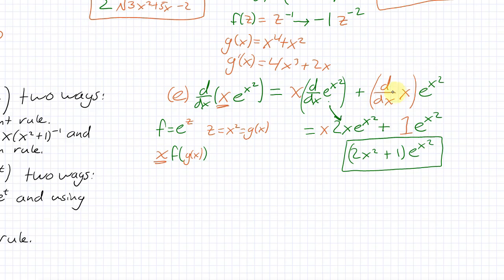Then the derivative with respect to x of the function x is 1, which, by the way, I think is really cool. This is one of those nice things about Leibniz notation, where this is a thing that would work out if this was actually a fraction times a number.